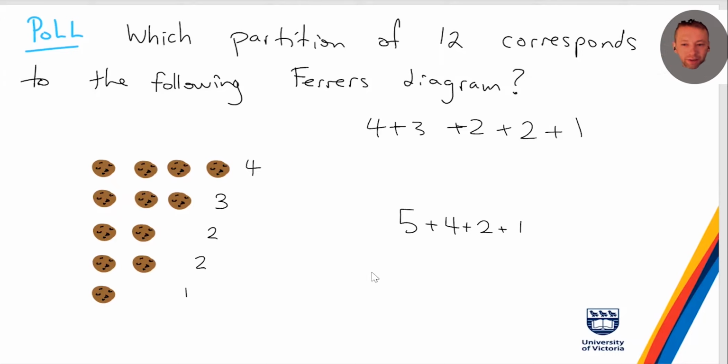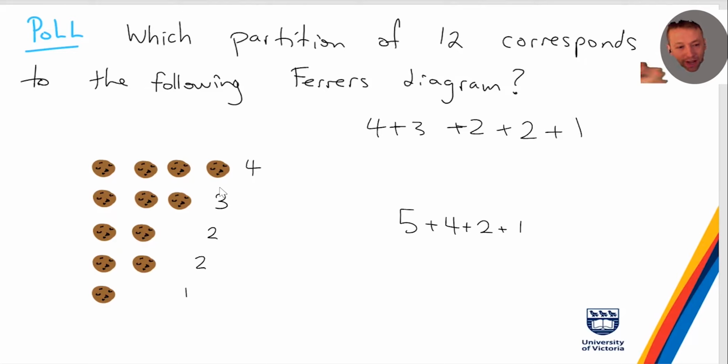But this observation about rows and columns gives us something interesting, because the number of rows is the number of parts in the partition, right? The number of columns is the biggest number in the partition.